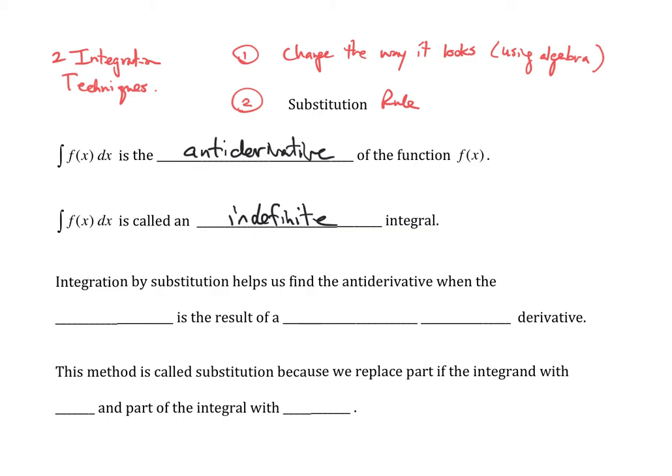When we do integration by substitution, this helps us find the antiderivative when the integrand is the result of a chain rule derivative. So the integrand is really just this f of x.